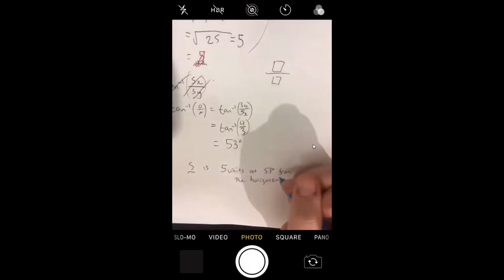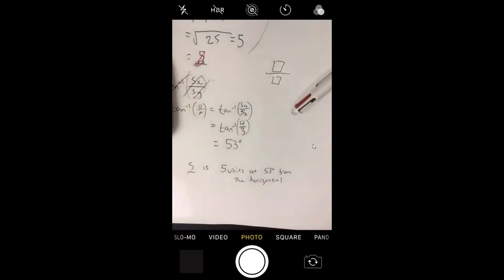You don't always have to write that down, but if it asks what is S in a size and an angle, then that is what you should put down. And if it gives you a question where it asks you to do it.